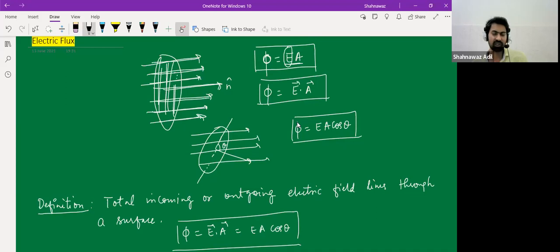You don't have electric field due to hollow sphere, electric field due to a full sphere, and then the cylinder. So cylinder, sphere, and hollow sphere are not in the syllabus, guys. In the CBSE syllabus. So I will skip that.